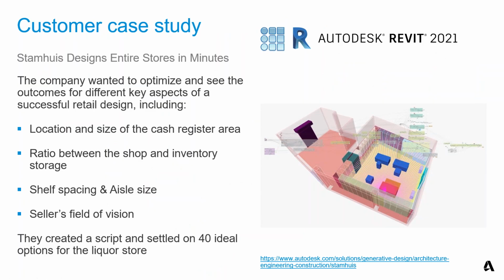So some customers have already started to do this, and we do have some of these case studies on our website. This is Stamus, a retail designer doing a bottle shop, a liquor store, where they needed to use scripting to speed up their layout process of the stores.